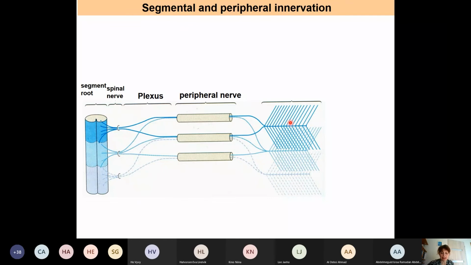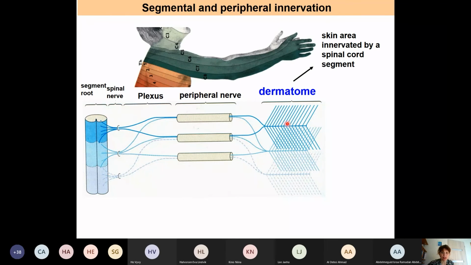But then, in case of the sensory innervation, you will see that one segment of the spinal cord will innervate a stripe of skin, so a skin area, which looks like here. You can see it. So these are the so-called dermatomes.